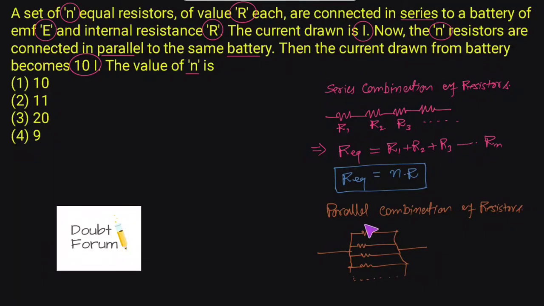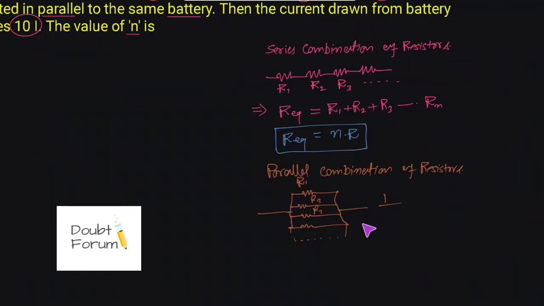Now, if we want to replace this combination of resistors, each having resistance R1, R2, R3 and so on, meaning they have different values of resistance, the equivalent is: 1 upon R equivalent is equal to 1 upon R1 plus 1 upon R2 plus 1 upon R3 and so on, up to 1 upon Rn if there are n resistors. This is the case when the resistors have different values.